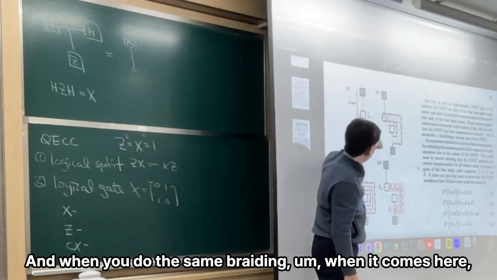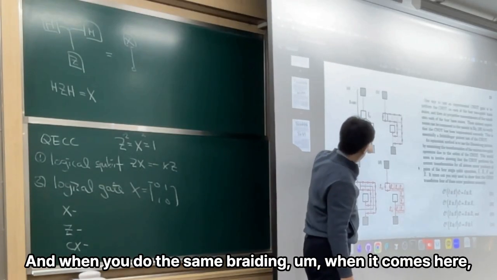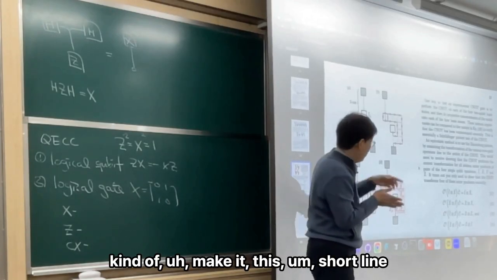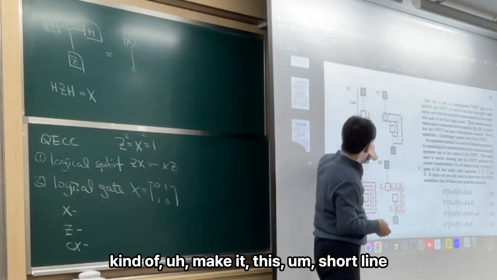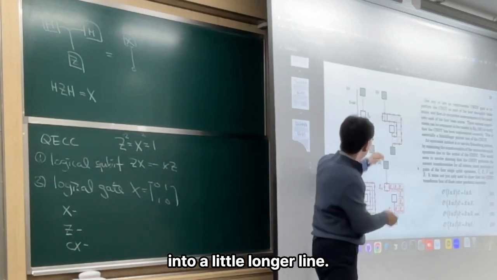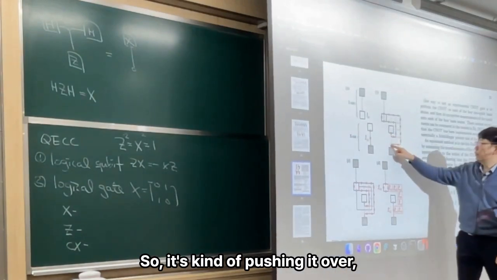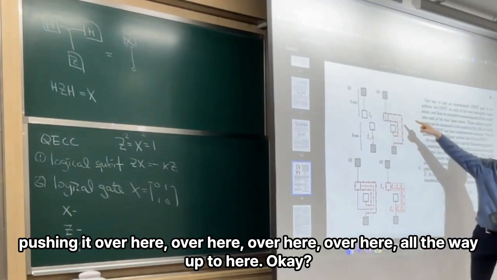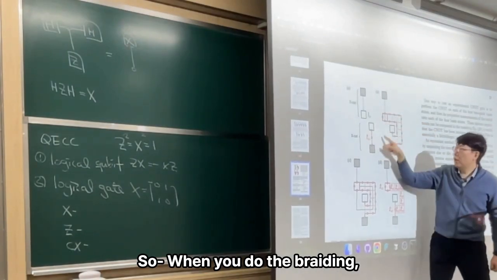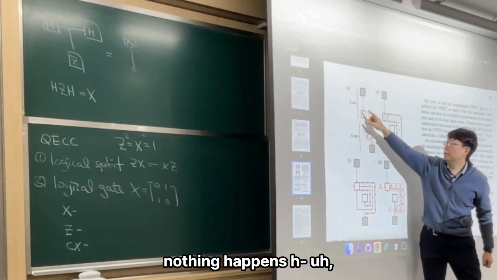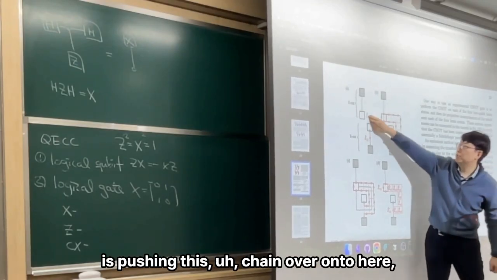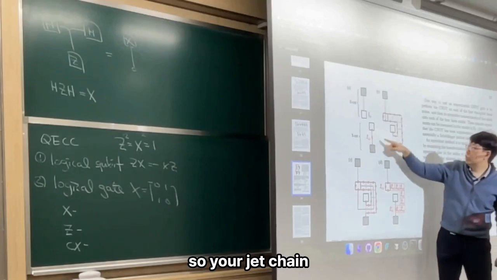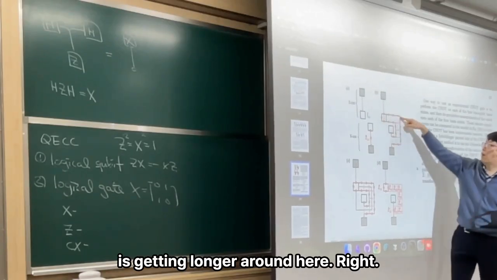When you do the same braiding, when it comes here, you push it forward, making this short line into a longer line. It's pushed over here, over here, all the way up to here. So when you do the braiding, nothing happens to the blank; it pushes this chain over, so your Z chain is getting longer around here.